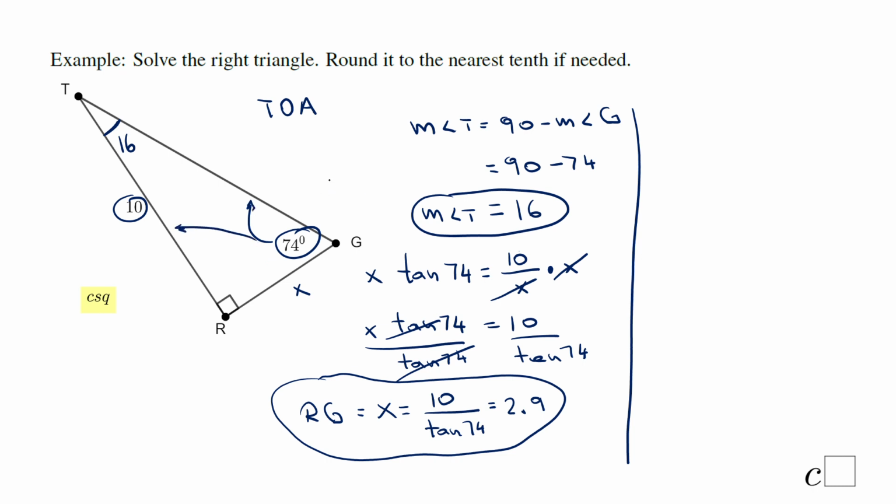So again, you heard opposite leg and hypotenuse, that will be sine. So we're going to have sine of 74 equals 10 over, and I'm going to call this one y. Don't call it x, I guess. And the process is the same.